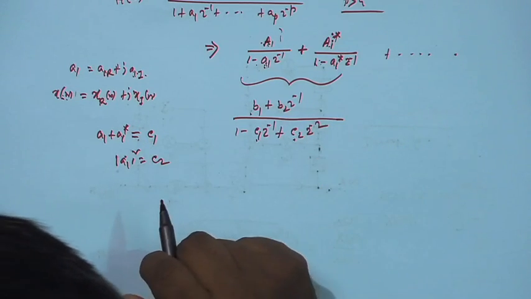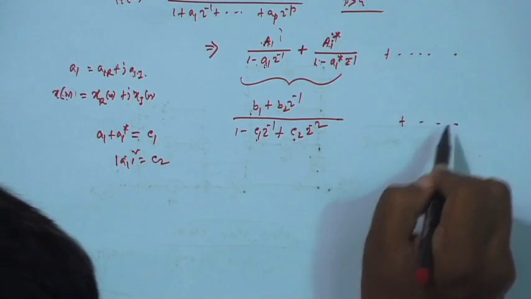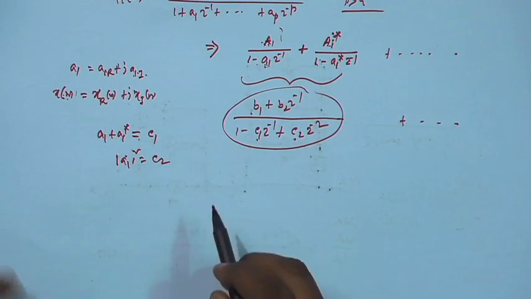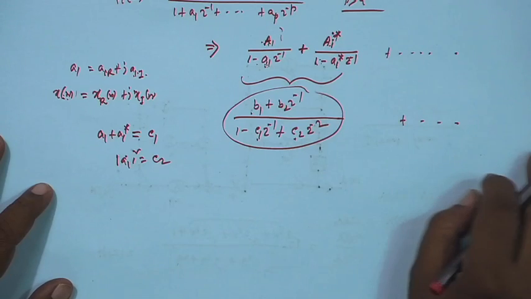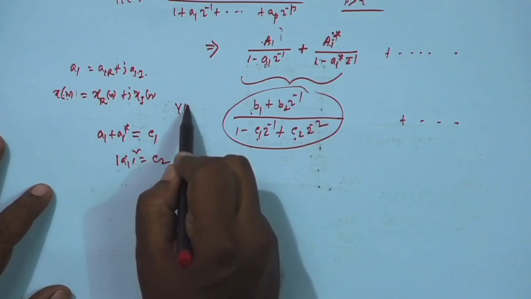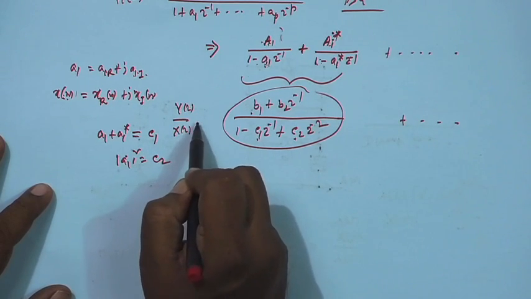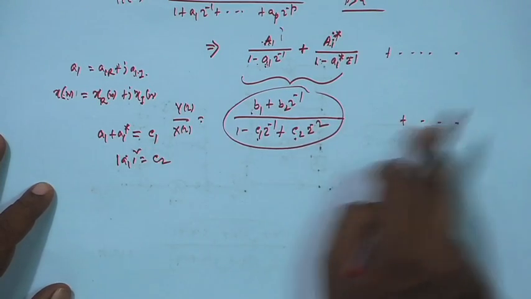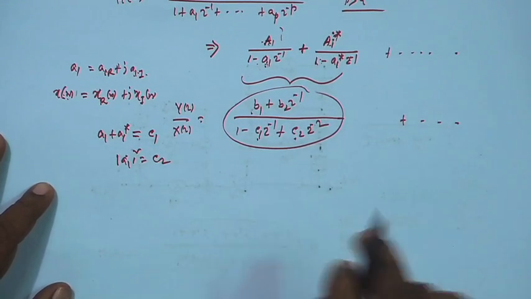So, you require only real multipliers plus something. So, this part plus other terms, they are all equal to, if you add them, that is equal to Y z by X z. So, what is Y z? X z into this plus again X z into next term, X z into next term, all are partial fractions.